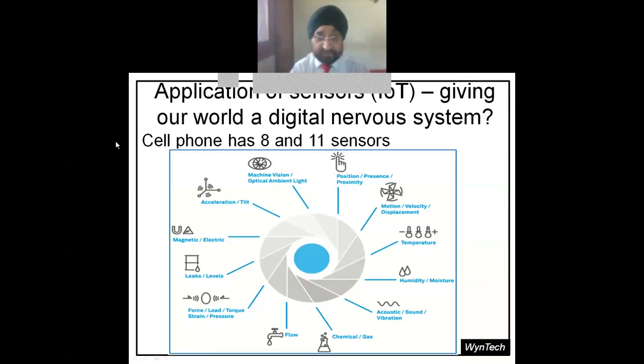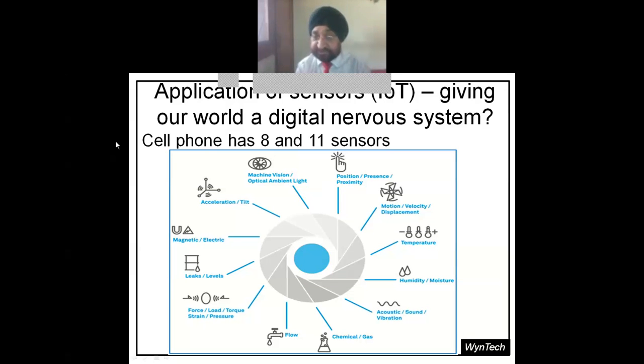I will read it out. Acceleration and tilt sensor. When you tilt a mobile, landscape to portrait and portrait to landscape, that gets changed. So that is how it works. Thermometer, it gives the temperature.